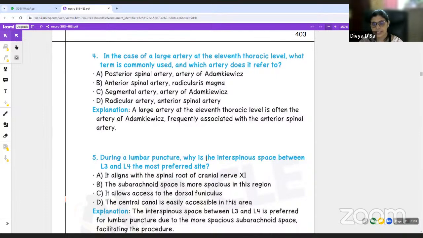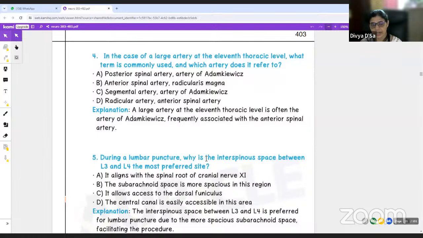So in the case of a large artery at the 11th thoracic level, what term is usually used and which artery does it refer to? One is the posterior spinal artery, which is called the artery of Adamkiewicz. Then anterior spinal artery, which is otherwise called the radicularis magna.